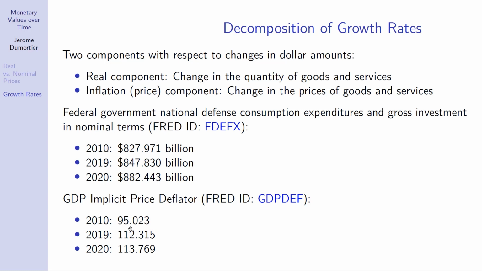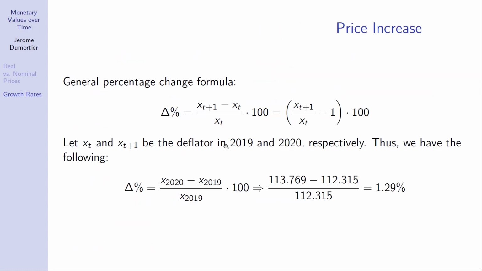Now the question is, when you're looking at the defense expenditures between 2019 and 2020, as well as the price deflator for 2019 and 2020, how much have the defense expenditures actually grown between 2019 and 2020? So let us do the calculations.